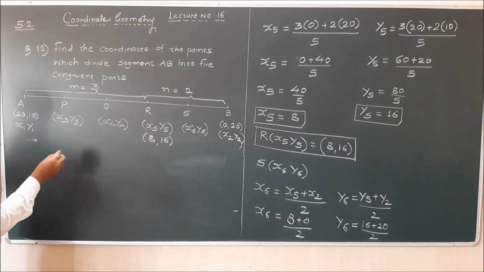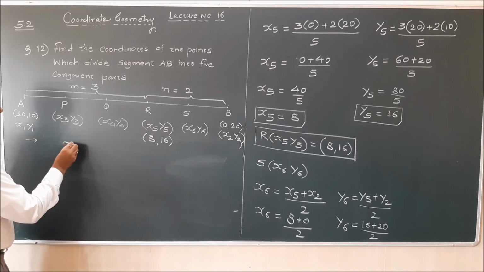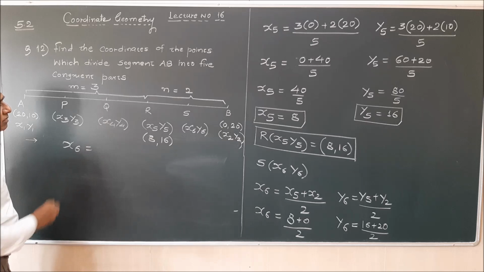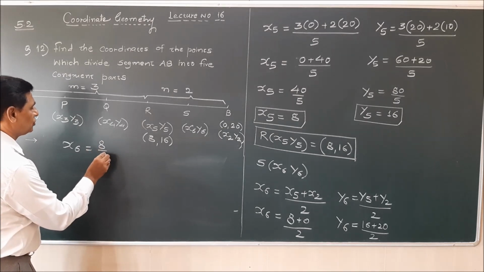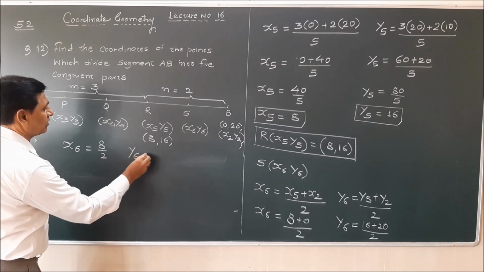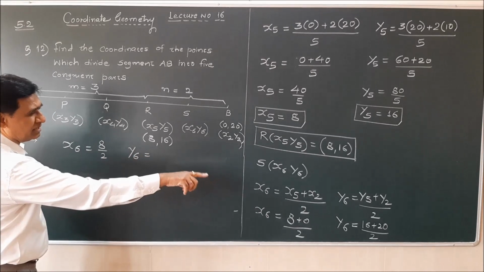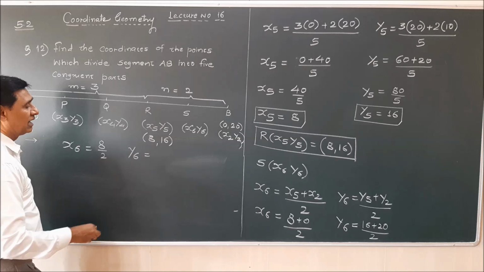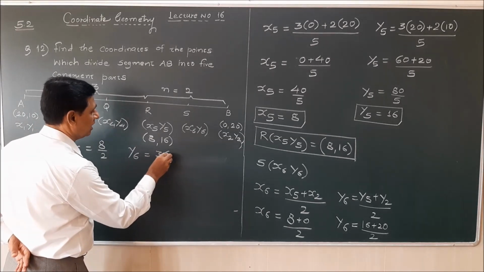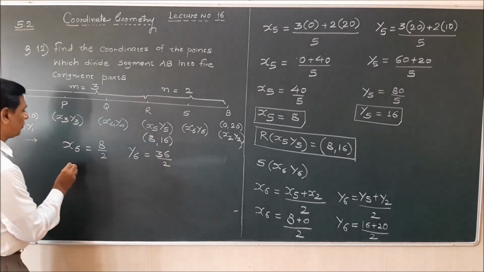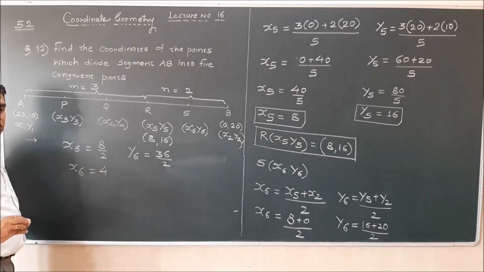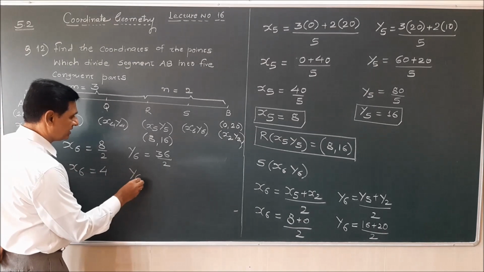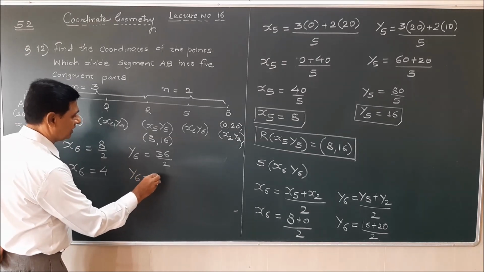So x6, I am going to continue here. x6 is equal to 8 plus 0, which is 8 only, upon 2, while y6 is equal to 16 plus 20, that will give us 36 upon 2. So x6 is equal to 4, since 2 fours are 8. In the same manner, y6 is equal to 18.